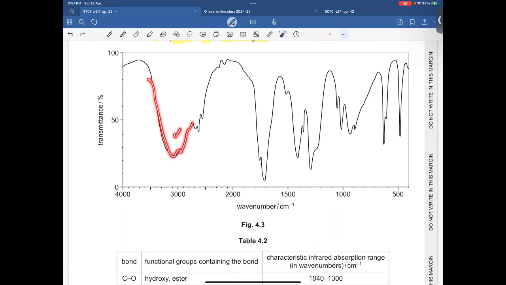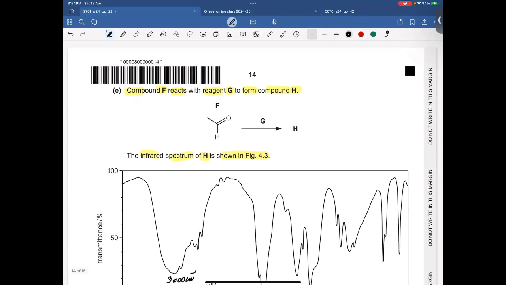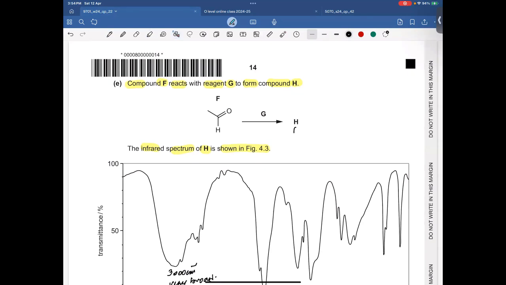This peak appears at 3000 centimeter inverse, indicating very broad, very strong, represents COOH, which means this aldehyde is oxidized into carboxylic acid, which means this H is basically carboxylic acid. Specifically speaking, ethanoic acid, because ethanal gives ethanoic acid on oxidation, which means this G is basically an oxidizing agent.